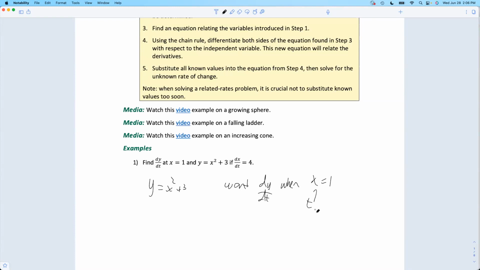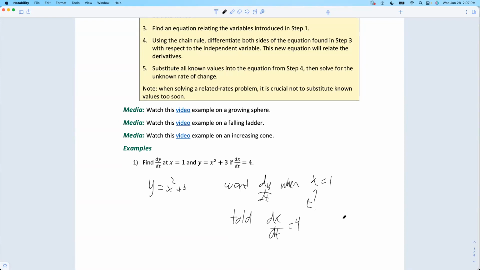So that's at some time. I'm never even going to find that time. I don't really care what my clock says at that moment, but I know that at that moment, X is equal to 1. And I'm also told that at that moment, or maybe even all the time, for all times, that X is changing at a rate of 4 units per time unit.